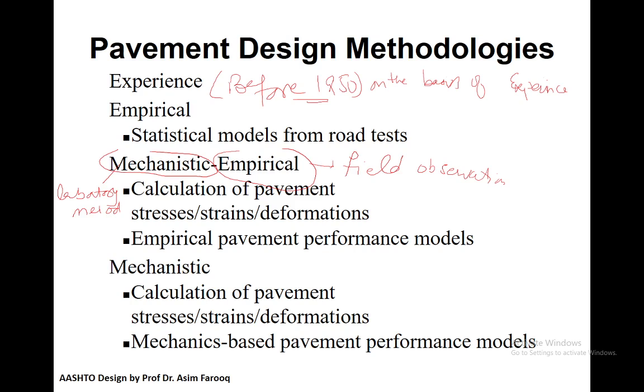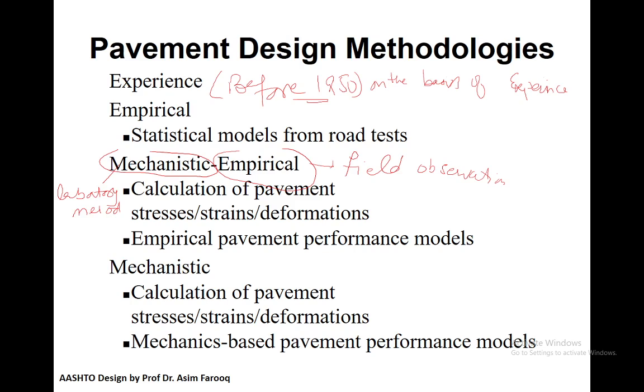strain and deformation. If we use the empirical method individually, it has its own drawbacks and advantages, as does the mechanistic. But the mechanistic-empirical method is basically the combination of the field data as well as the laboratory method, which is nowadays recommended according to Huang, who did research in 1993.